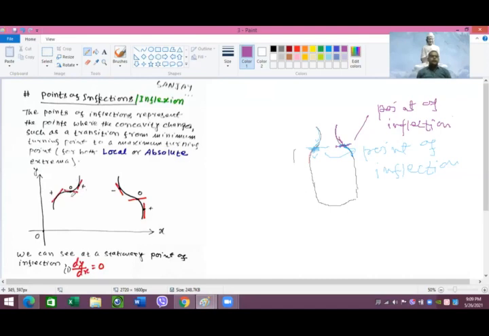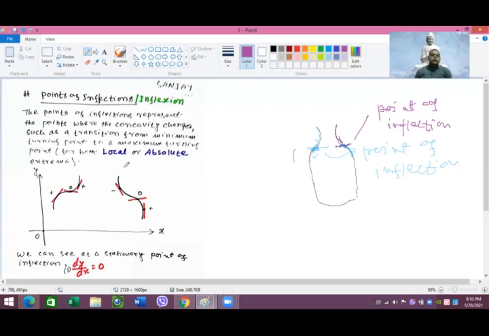Here in this example, and also in this example, we didn't see a local maximum or minimum, but this applies. You can see later that we can find a point of inflection where both local or absolute extrema exist.